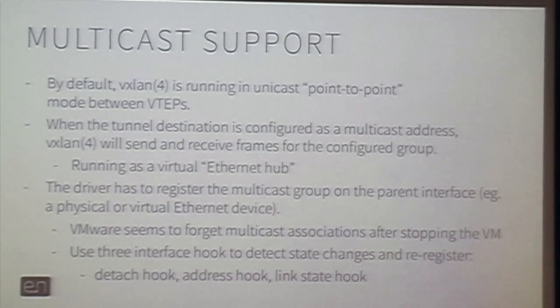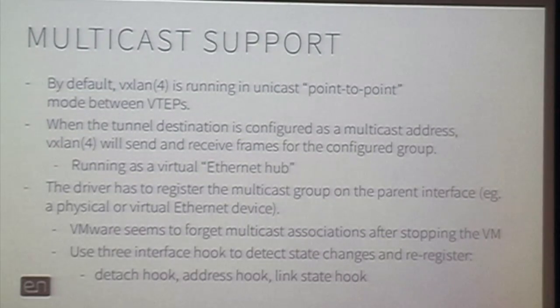So we need two interface hooks that detect if the interface is detached, the addresses change, or the link status changes. The link state shouldn't be required by multicast registration, but when you have VMware, you register a multicast group on the virtual interface, like vmx or vic.